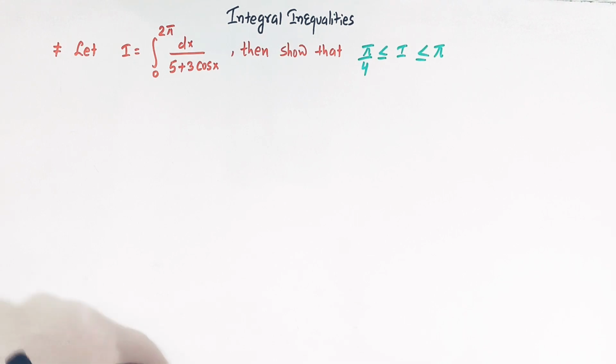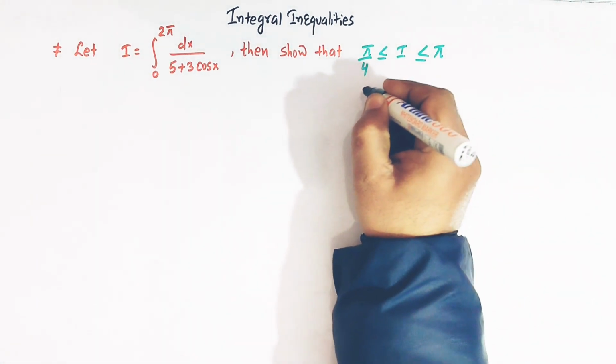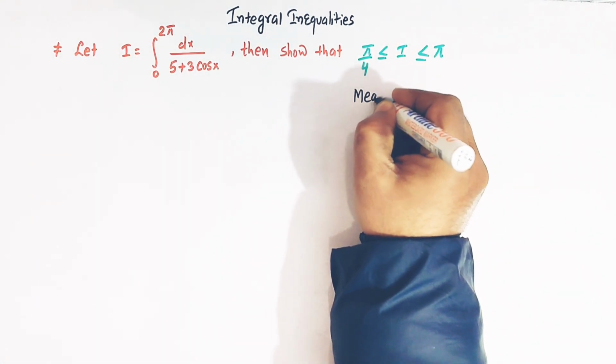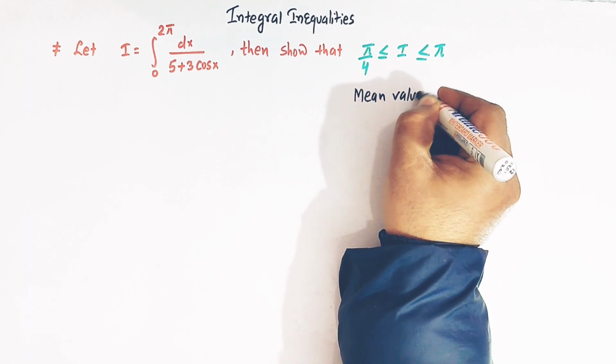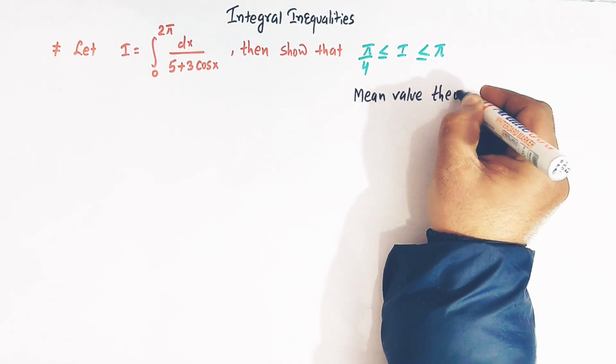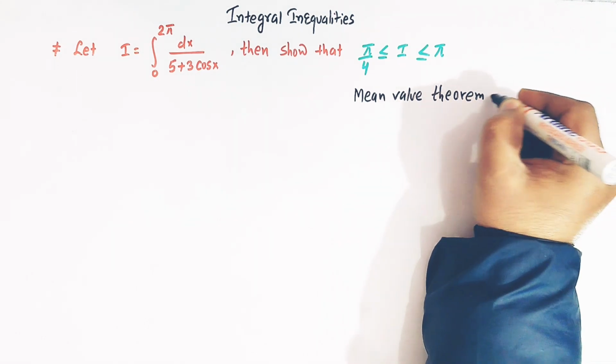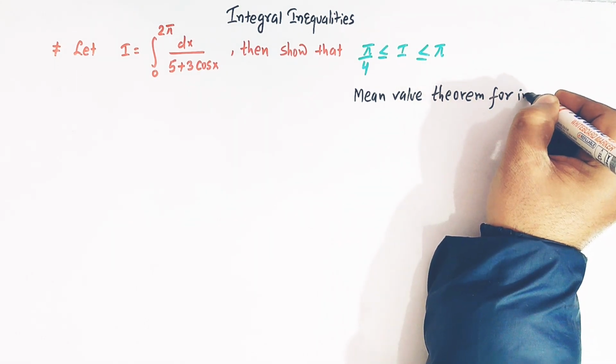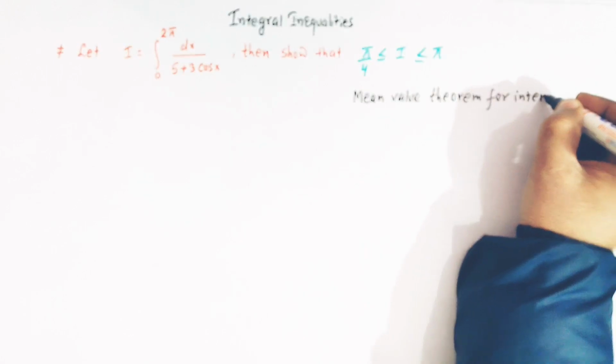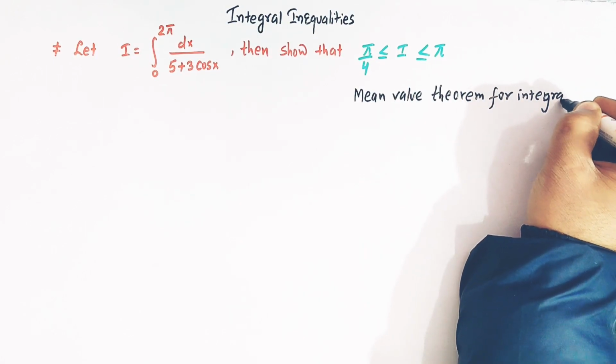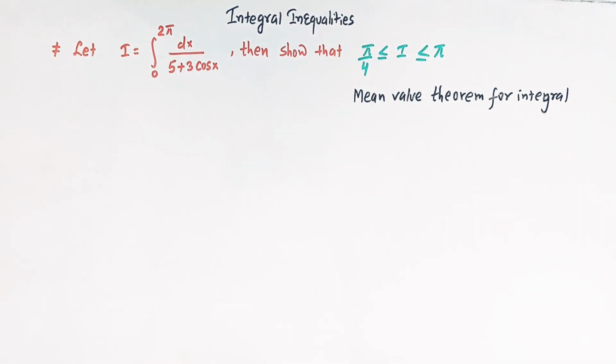But here, to solve this problem, we'll use an important concept called the mean value theorem for integrals. The mean value theorem for integrals is a very important concept to prove these types of inequalities.